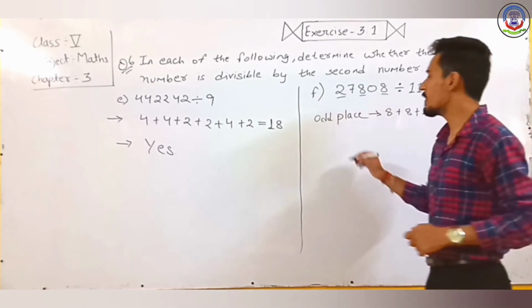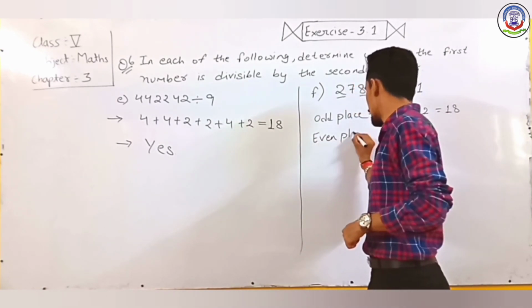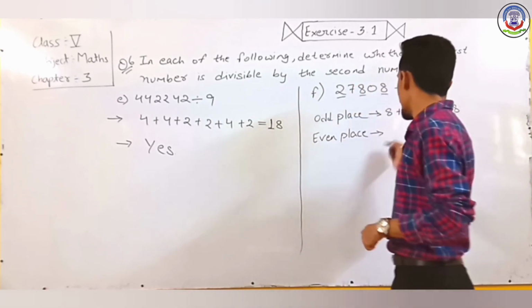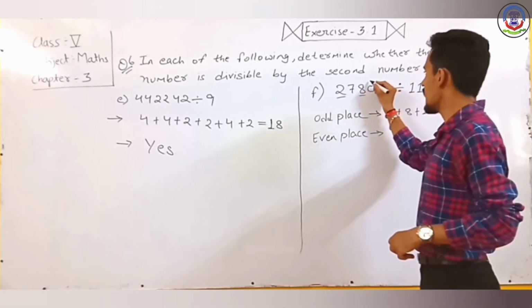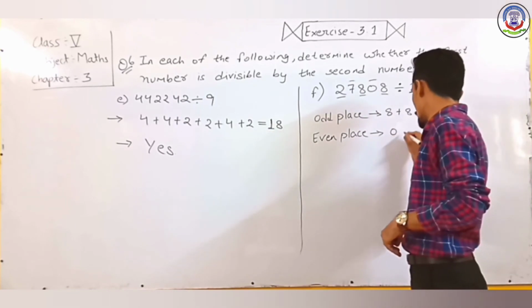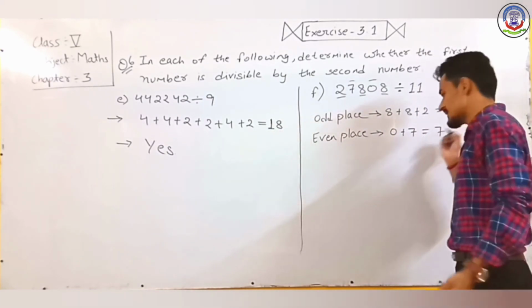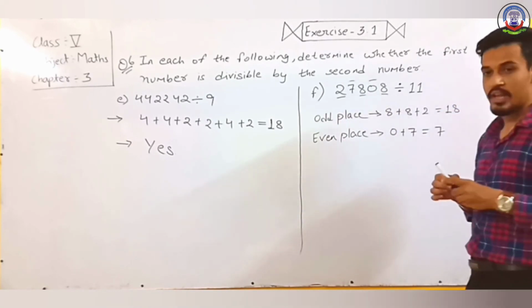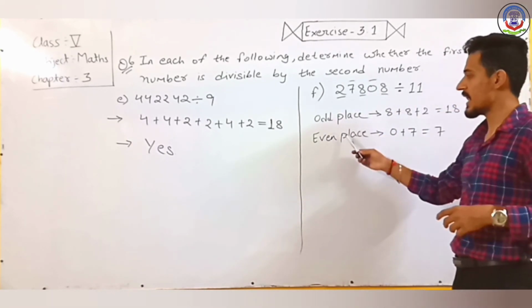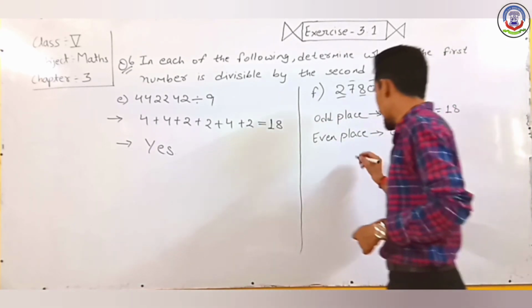Now even places. Now the addition of even places, tens and thousands, that is 0 plus 7, that is 7. Now we have to take the difference of odd place and even place, that is we have to subtract 18 and 7.